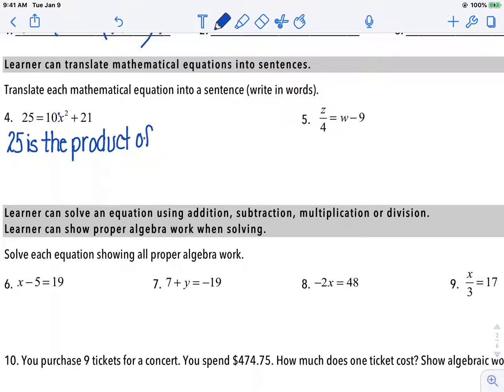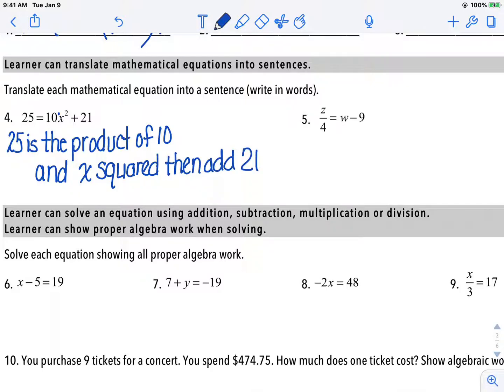The product of 10 and, again in words, x squared, then add 10, then add 21, sorry. Or is 21 more than the product of? There's lots of ways to say that. In number 5, you can use the word divide. You could use the word quotient so that you're demonstrating that division as well.